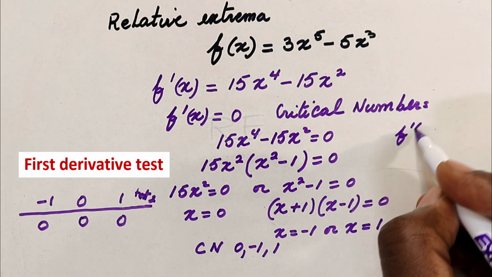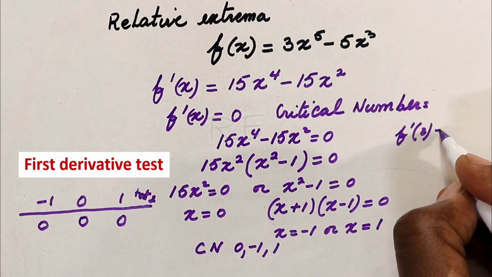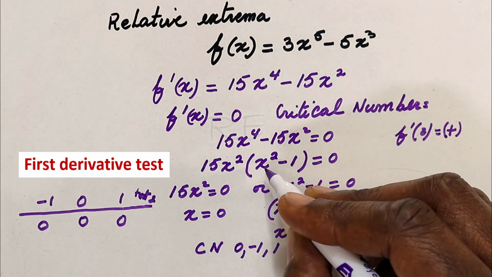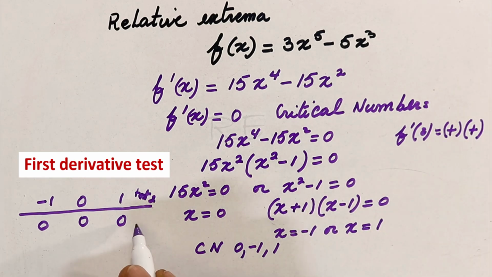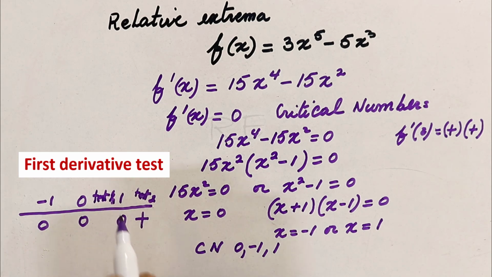So we'll set up f prime of 2 just to get the sign. First factor is positive, and the second one is 4 minus 1, which is positive. So this is positive. Between 0 and 1, we're going to test for 1/2.